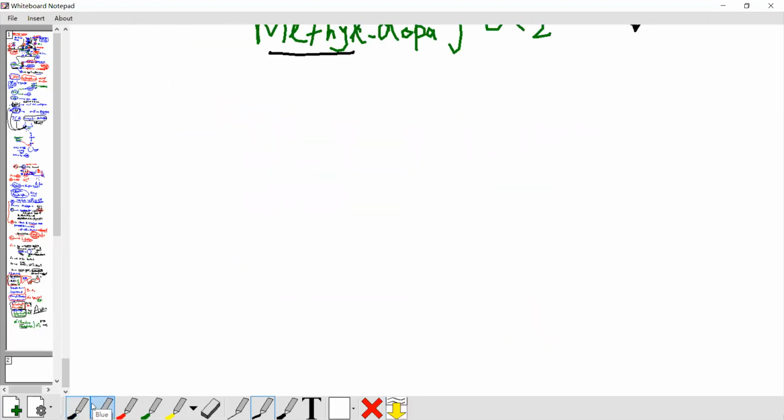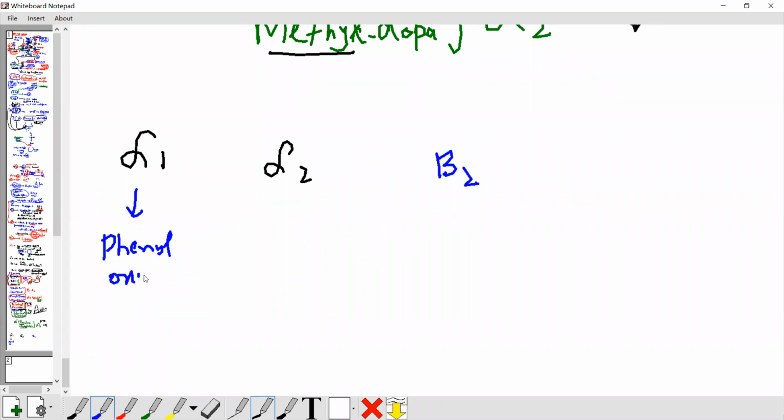Tomorrow we will discuss one by one. Alpha 1 drugs, alpha 2 drugs, beta 2 drugs. No drug directly for beta 1, okay? For alpha 1: phenylephrine, oxymetazoline. For alpha 2: clonidine, methyldopa.